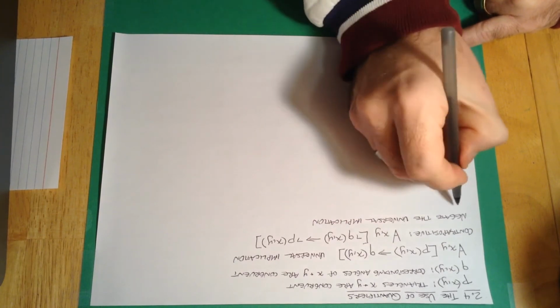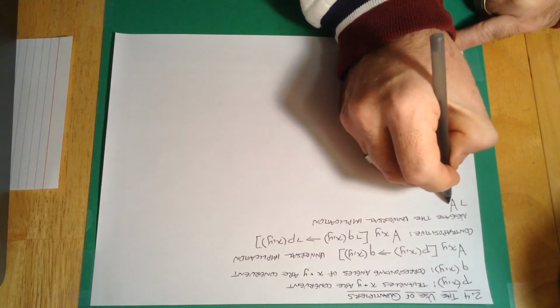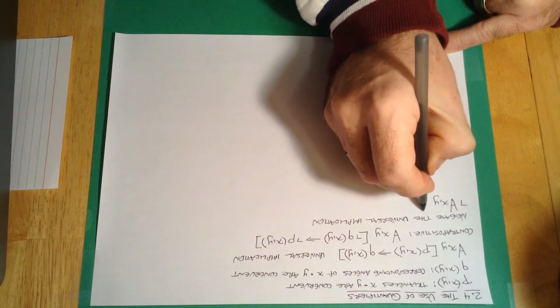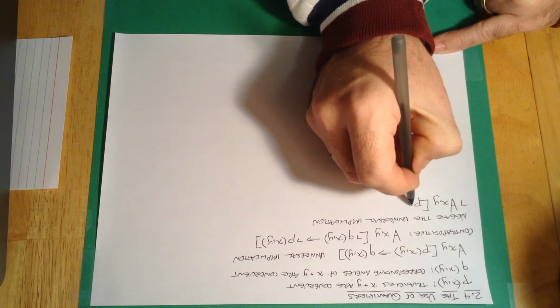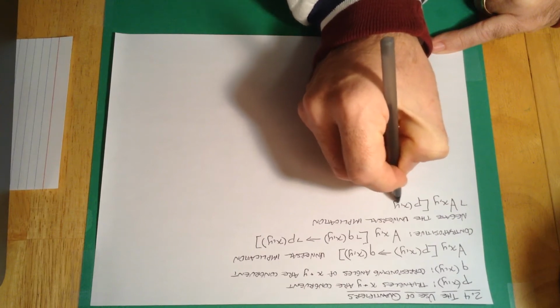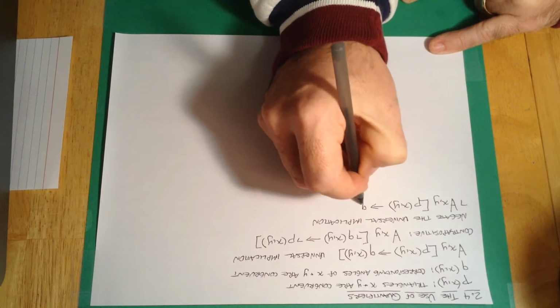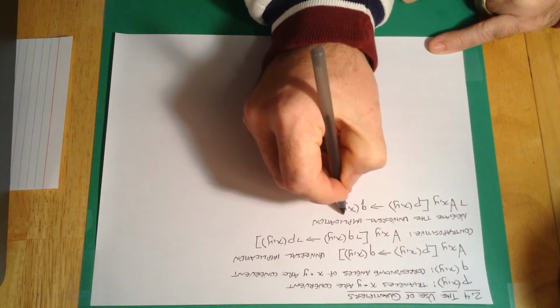So what we're doing is negating our first statement: for every pair of triangles x and y, if the triangles are congruent, then corresponding angles of those two triangles are congruent.